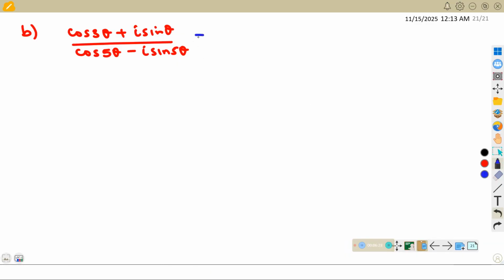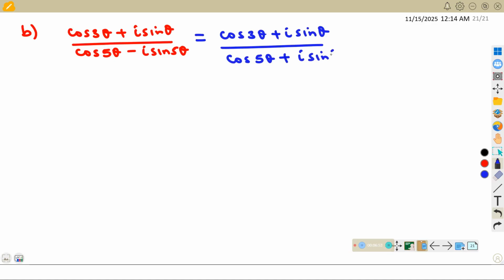Looking at this, we are given cos of 3 theta plus I sine of theta divided by cos of 5 theta minus I sine of 5 theta. I can write this as cos of 5 theta plus I sine of -5 theta. Cos of a positive angle is the same as cos of a negative angle.